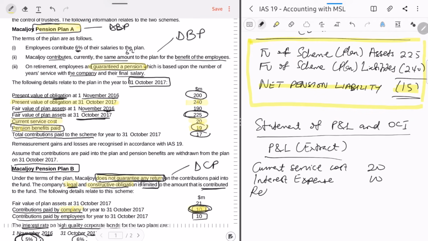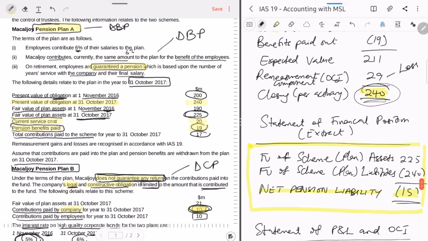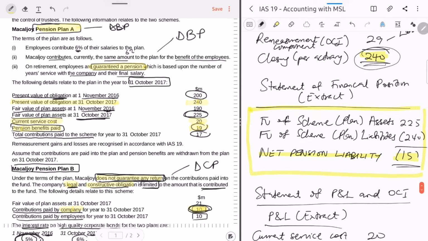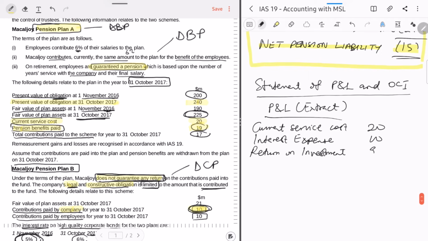Then return on investment. If you remember, this is from the asset. So add what? 9.5. But take note, this is income. So you have to net off 9.5. When you net everything off, it's going to be what? 20 plus 10 minus 9.5.